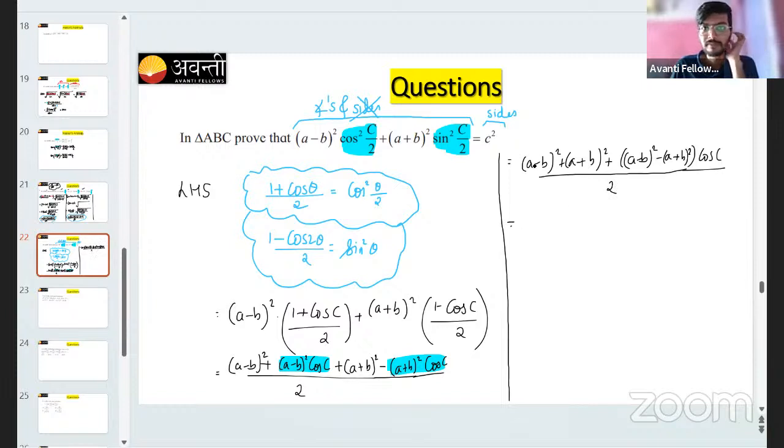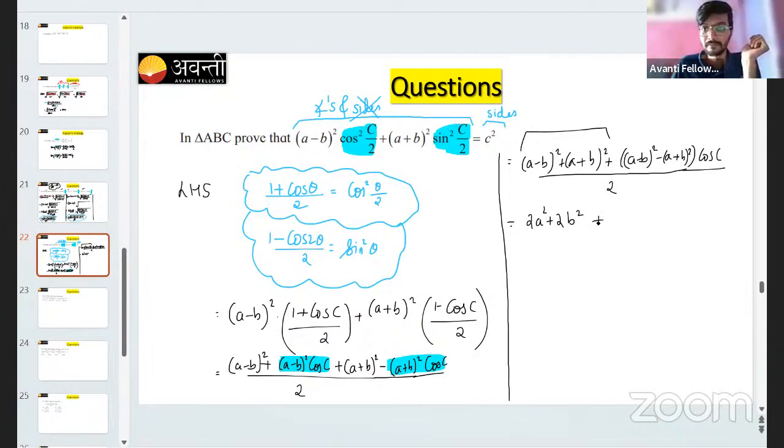Now, if I open this bracket, you can see 2ab minus 2ab will get cancelled. So I'll get 2a square plus 2b square. I hope you are getting it. Please look at it very carefully. A square plus 2ab, a square minus 2ab. So minus and plus will get cancelled.